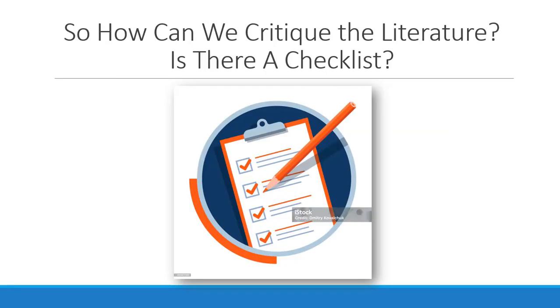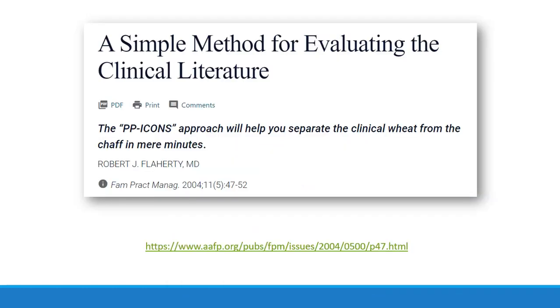So let's look now at some different systematic ways that we can potentially critique the literature. First up here is something that has been utilized in your course before, or I should say with prior cohorts that have done this course before.